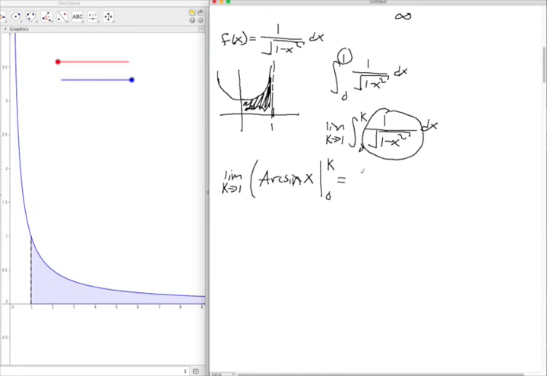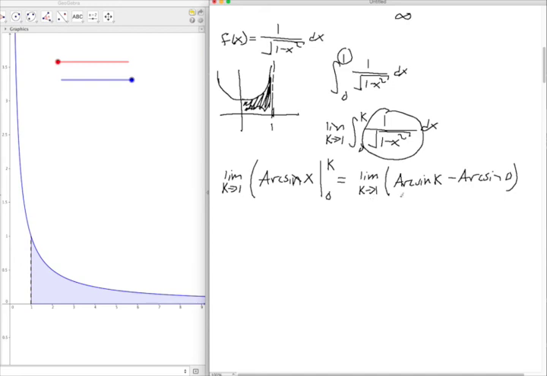So this becomes the limit as k goes to 1 of arc sine k minus arc sine 0.